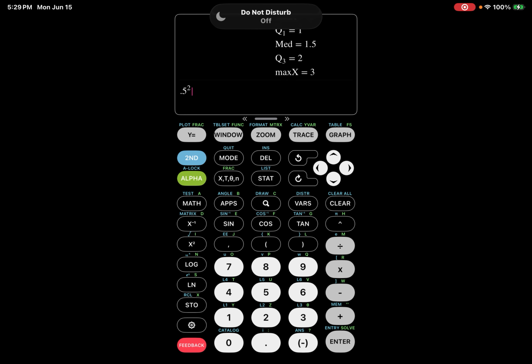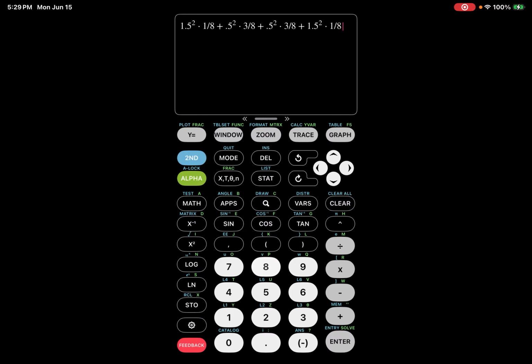So 1.5 squared times 1/8 plus 0.5 squared times 3/8 plus 0.5 squared times 3/8 plus 1.5 squared times 1/8.